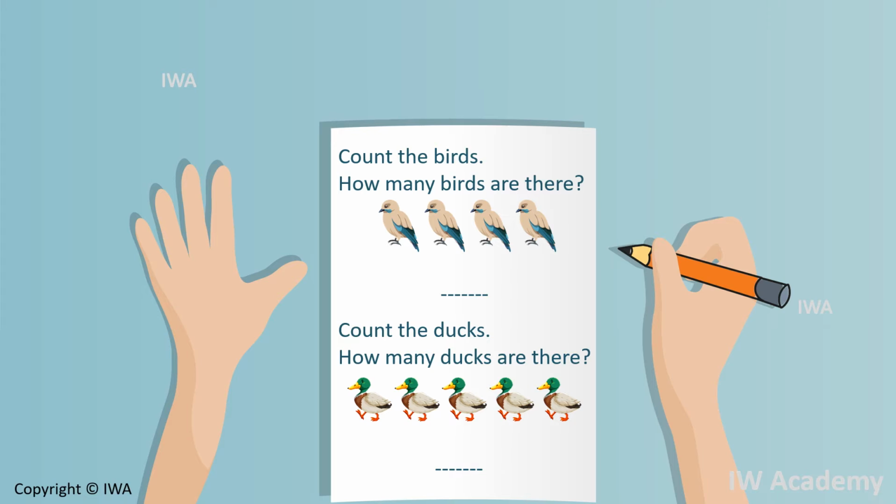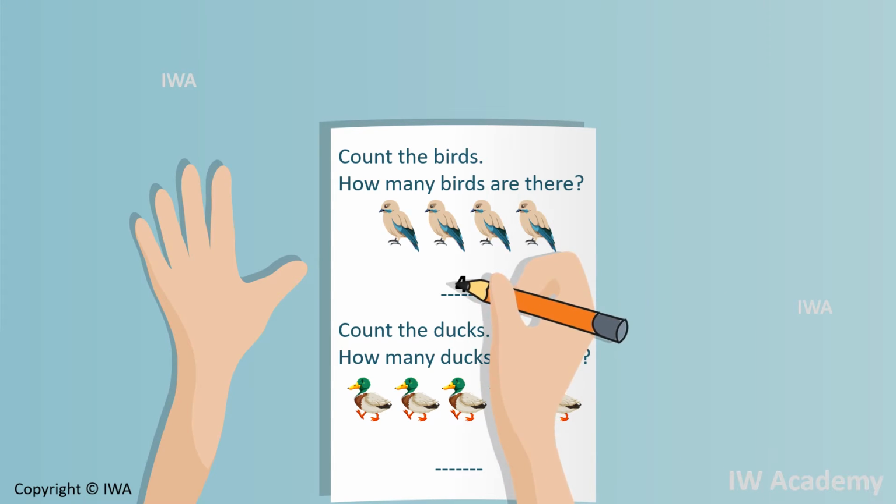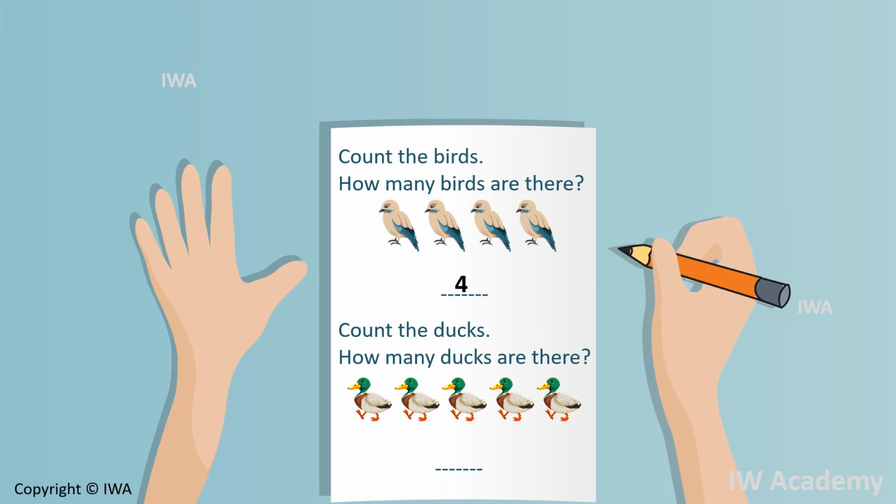How many birds are there? 1, 2, 3, 4. There are 4 birds. Very good. Count the ducks. How many ducks are there?